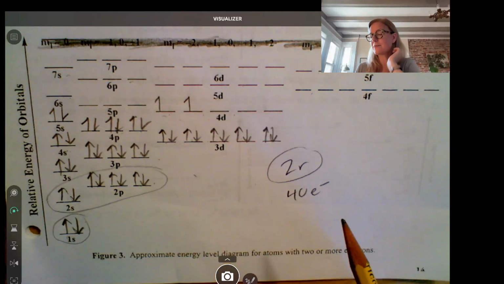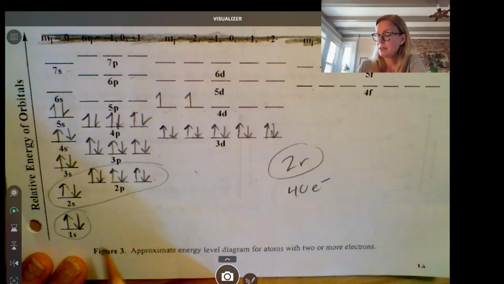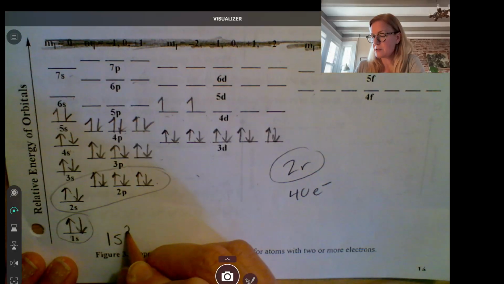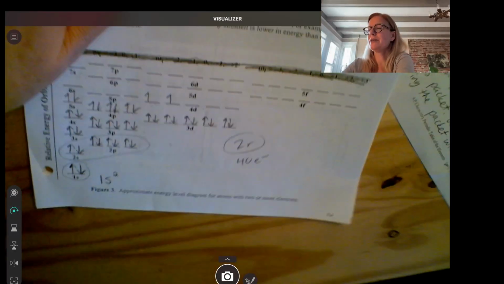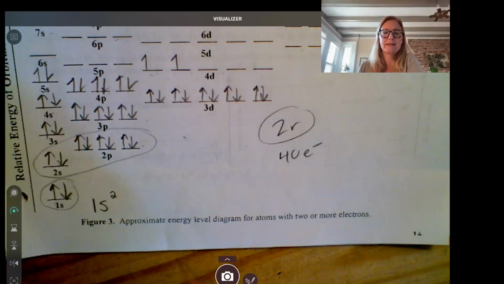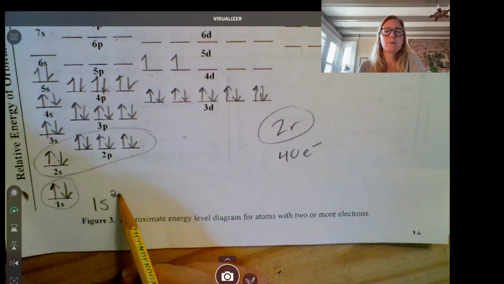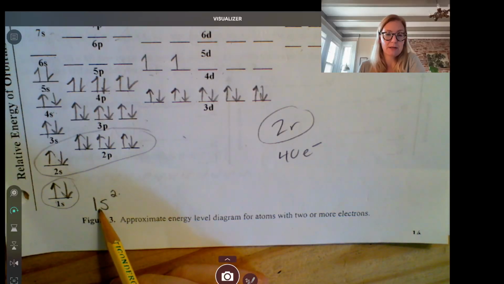If we were to take this and write an electron configuration, we would start with 1s, and we would write the number of electrons as a superscript, okay? We don't want to call that an exponent because it's not 1s squared. Scientists say 1s2, we just know that we put that 2 up high, and that represents the number of electrons in that sublevel or subshell.